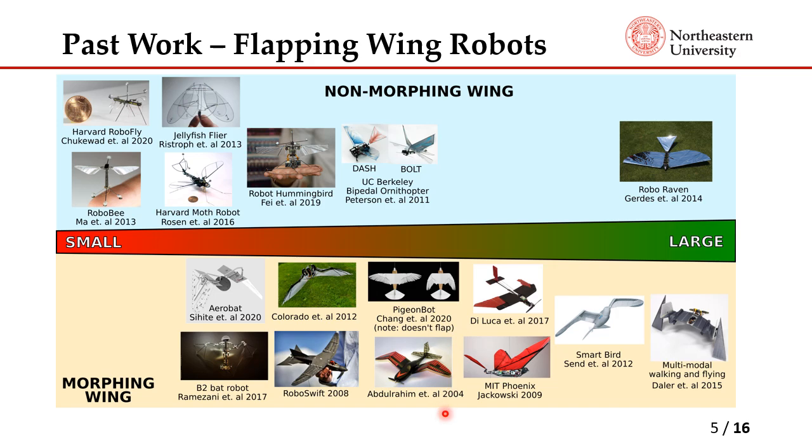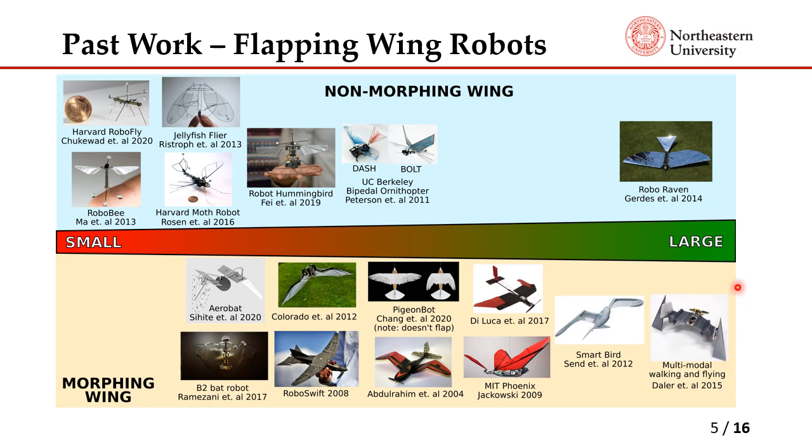And then there's one from the Alderavian over here, which has a wing that can bend like this at the elbow, if that's an elbow. And then we have this Diluca, which also has a wing morphing capability, though not as pronounced as the pigeon bot. There's some MIT Phoenix and Smartbird, and this interesting robot that can achieve multimodal locomotion where the wing can morph into a leg.